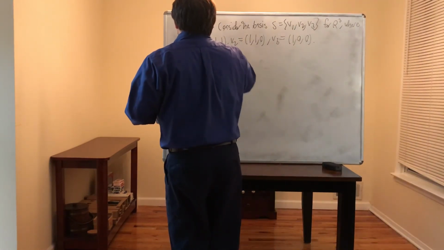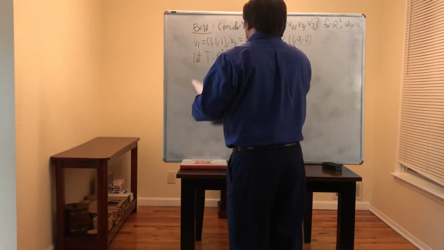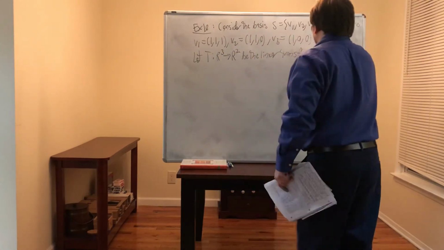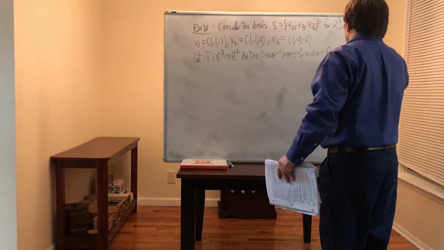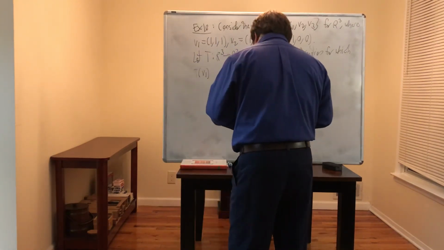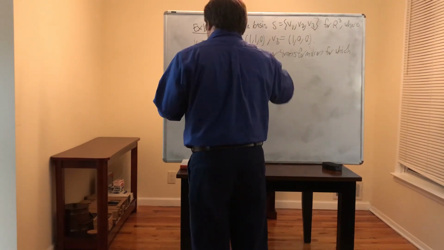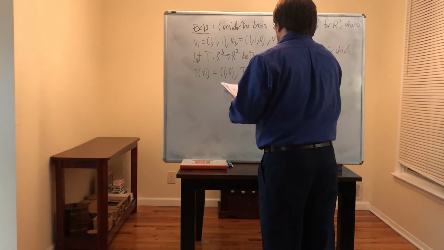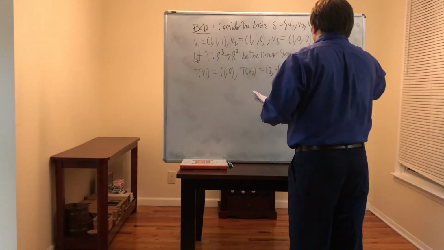Let T from R3 to R2 be the linear transformation for which T of v1 equals 1, 0, T of v2 is equal to 2, negative 1, and T of v3 is equal to 4, 3.